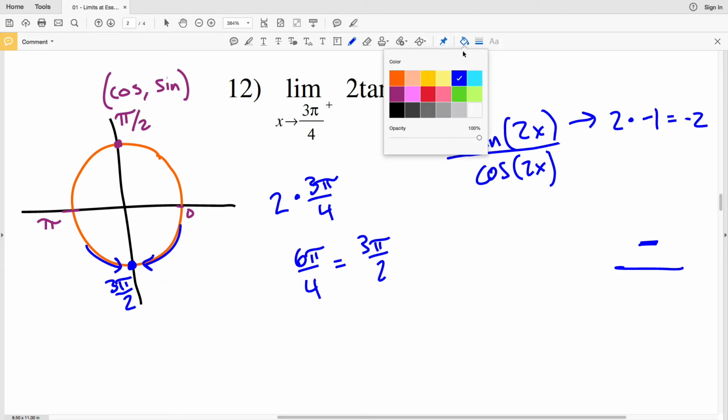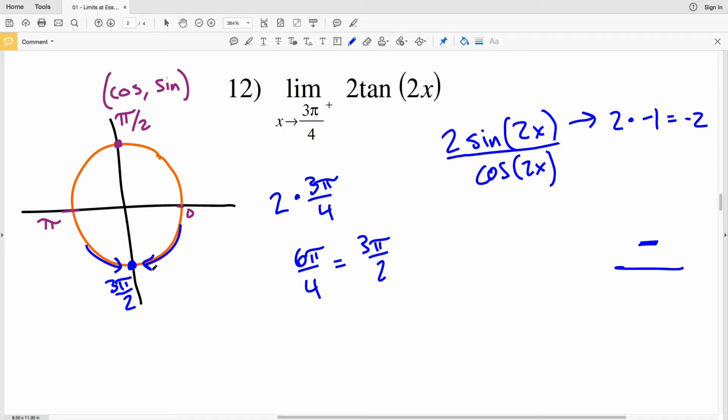But we need to figure out, are we coming from positive cosine values or from negative cosine values? If we're approaching 3 pi over 4 from the right, that means our x values are greater than 3 pi over 4, and they're going to be greater than 3 pi over 2.